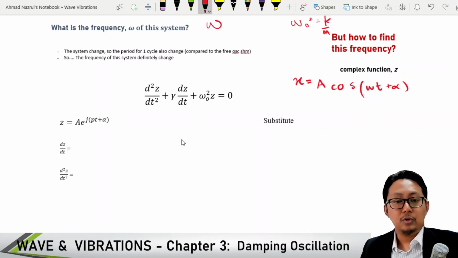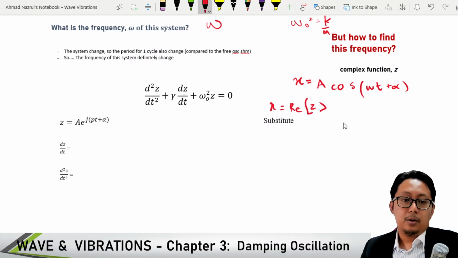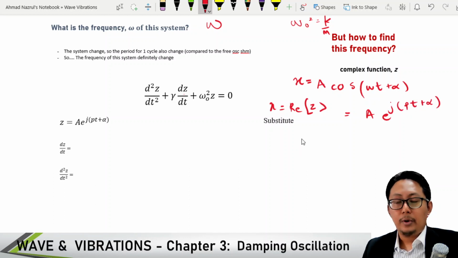So I suggest that you use a complex function. Because x is a real function, we change everything to z, here z, z, and z. Now we define z as A exponential j(pt plus alpha).